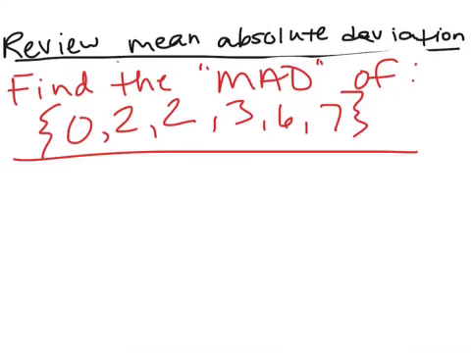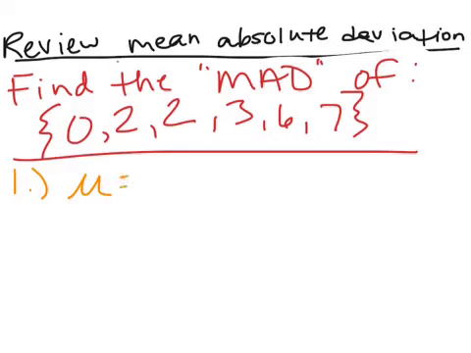We're going to find the MAD, otherwise known as the mean absolute deviation, of the data set 0, 2, 2, 3, 6, 7. What I'm trying to do is find the average distance that each element is away from the mean. So the very first thing we have to do, in step 1, is find the mean.